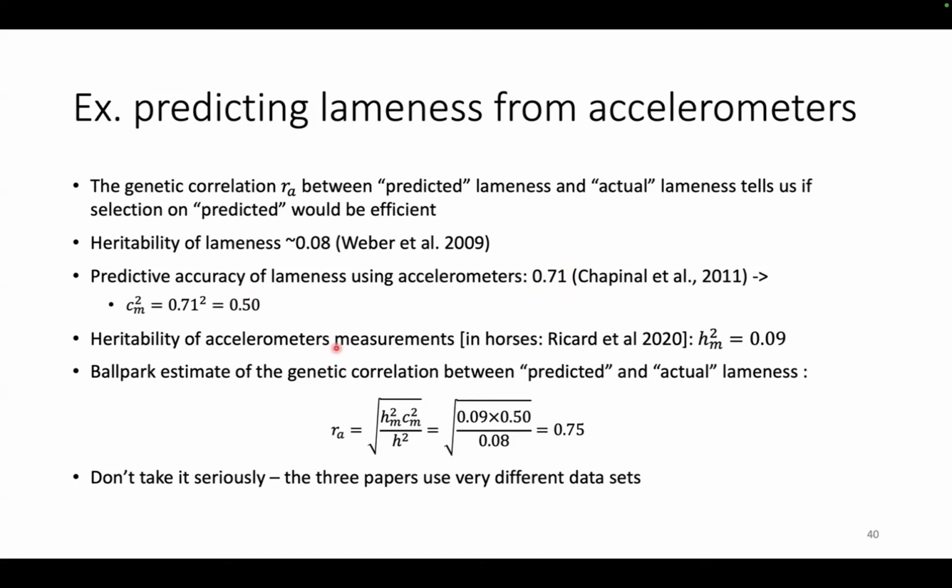And the heritability of accelerometers in horses, which is the only thing that I could find, is 0.09. If you put everything together, you can get an estimate of the genetic correlation between lameness predicted with accelerometers and lameness actually observed, and it's 0.75. And it's actually not bad. But you don't take this seriously because the three papers use completely different data sets, so this is probably wrong. But this is the kind of reasoning that one needs to have.